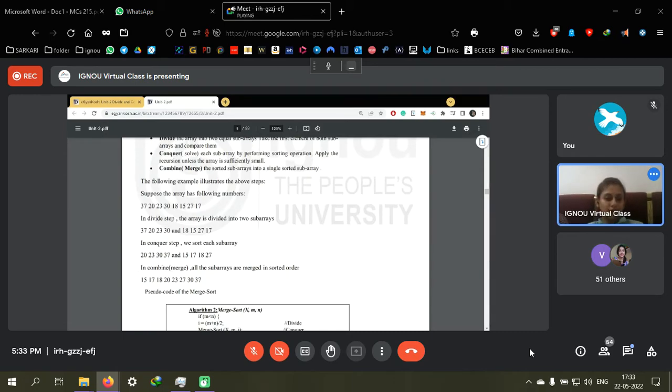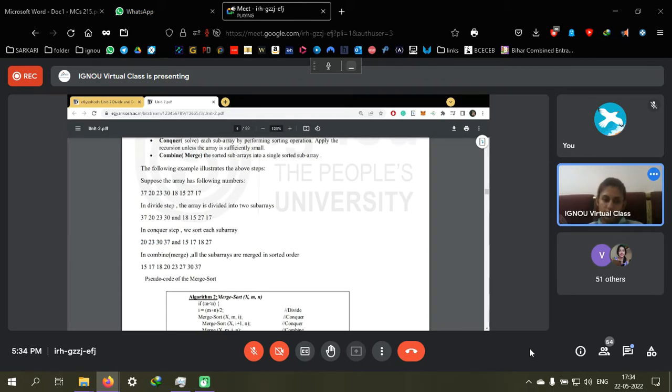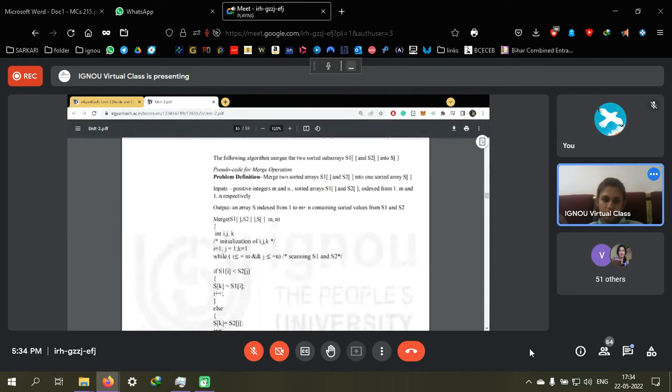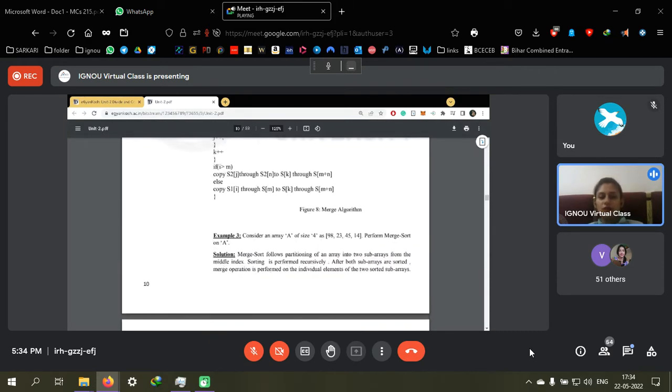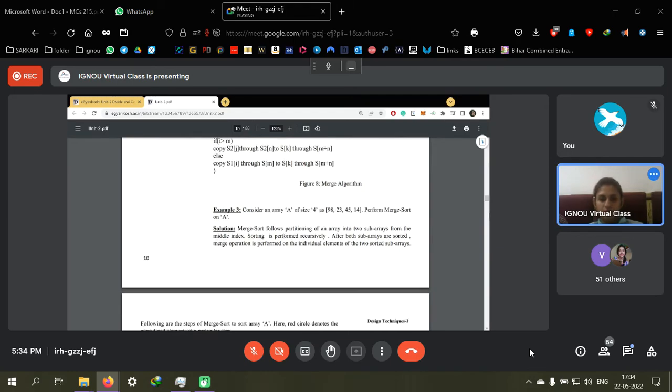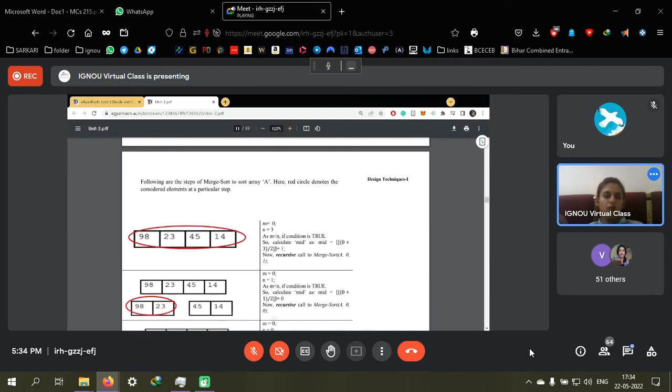In the divide step, the array is divided into two subparts. Then we have to conquer it, which means we have to compare each and every element. In the last, we have to combine both the parts. So here is a list of n elements: 98, 23, 45, 40.